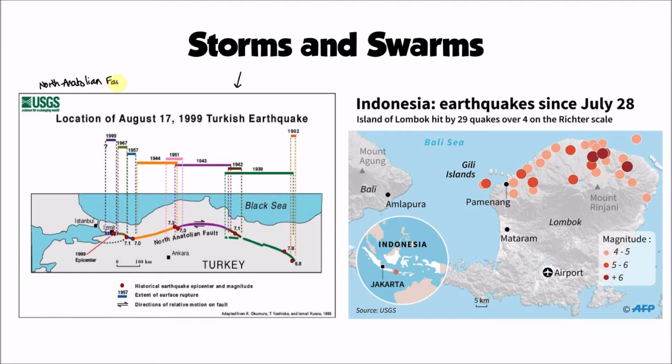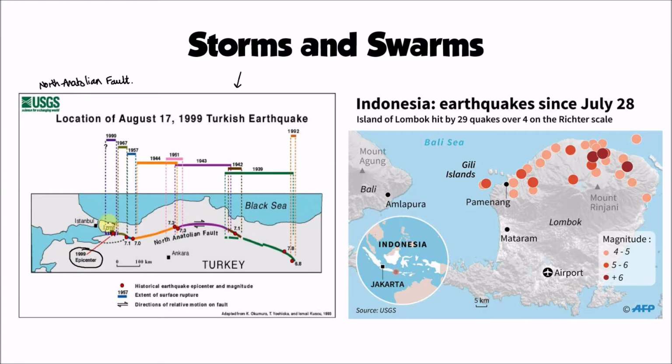It runs through the north of Turkey, makes its way actually towards the city of Istanbul, a very densely populated city. There was quite a significant earthquake on this boundary in the late 1990s, 1999.